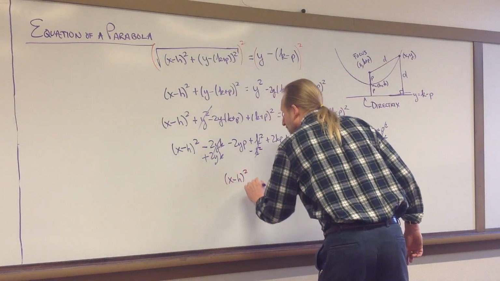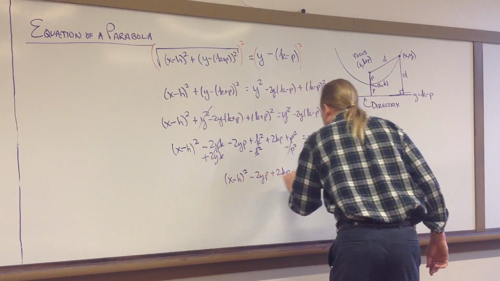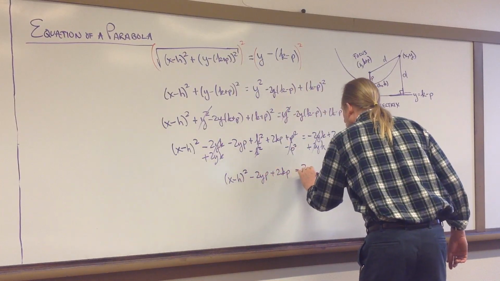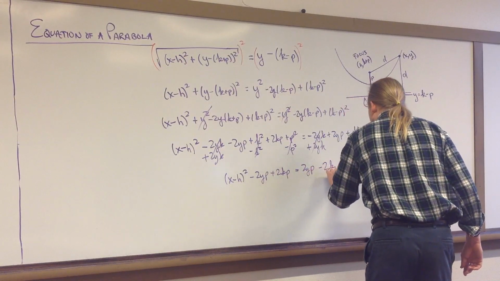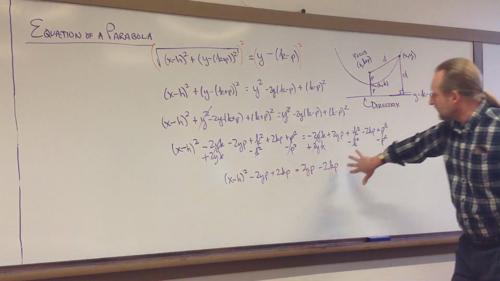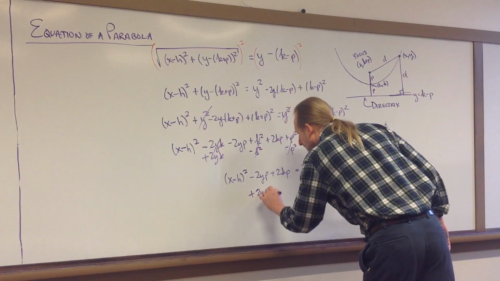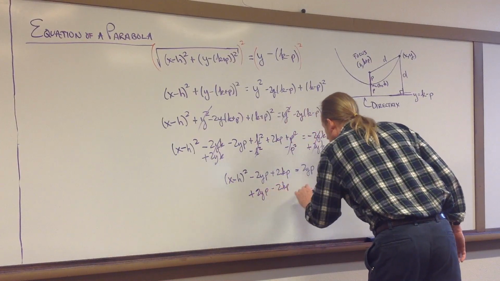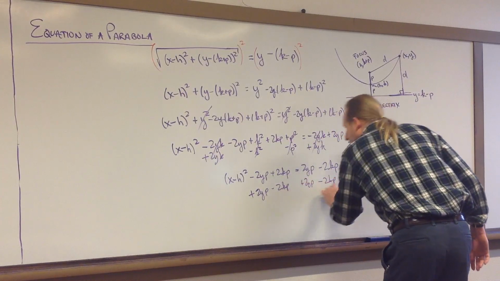X minus h all squared minus 2yp plus 2kp equals 2yp minus 2kp. All right, so I'm going to move these things over to this side. Plus 2yp minus 2kp plus 2yp minus 2kp.